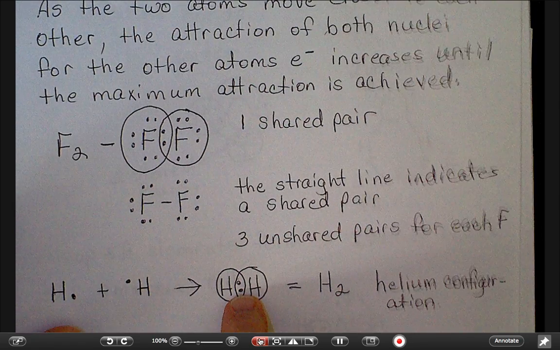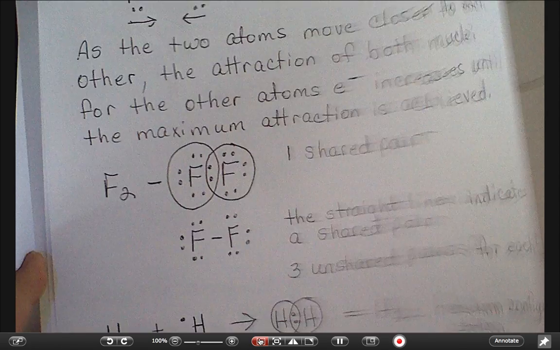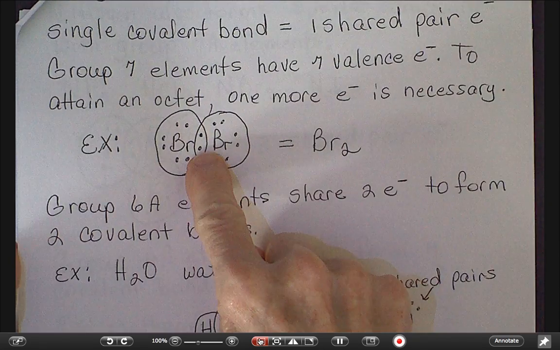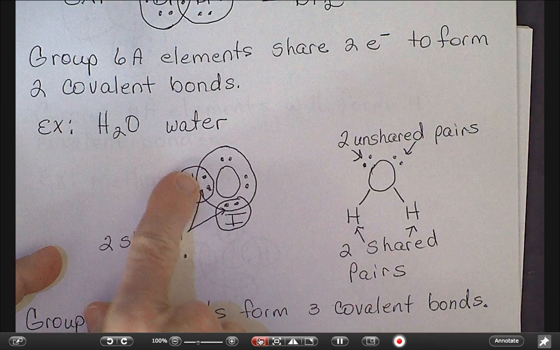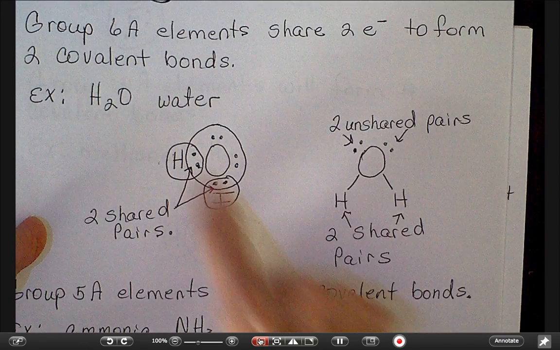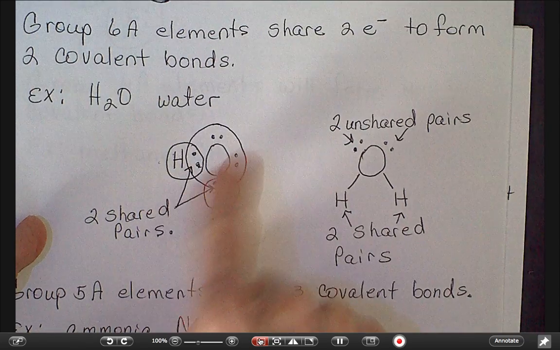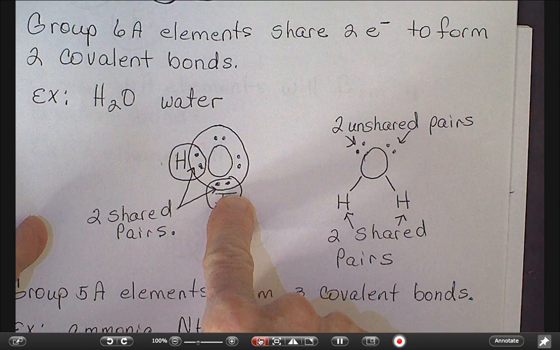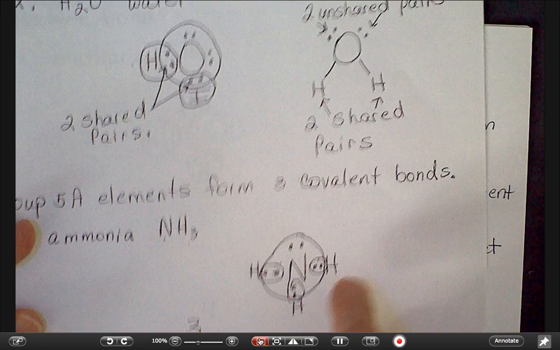Right here, single covalent bond. Single, single, single. Even though there's two, each one is a single covalent bond. And I'm doing this for a reason.